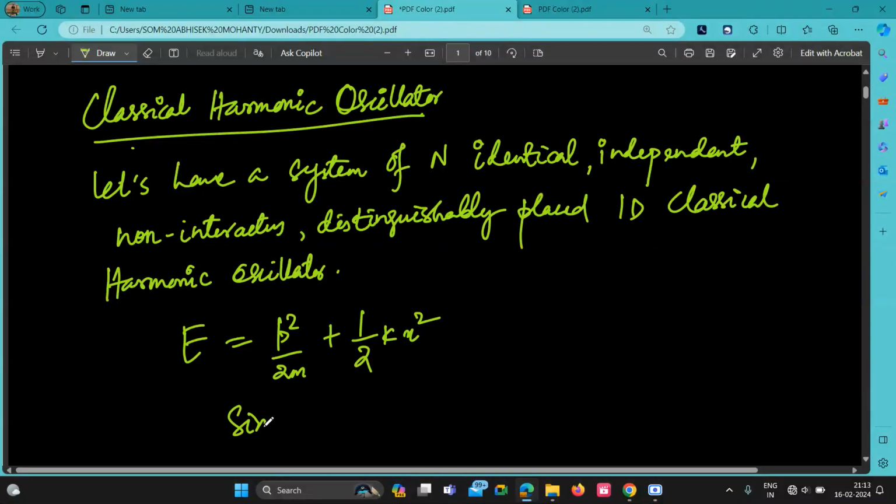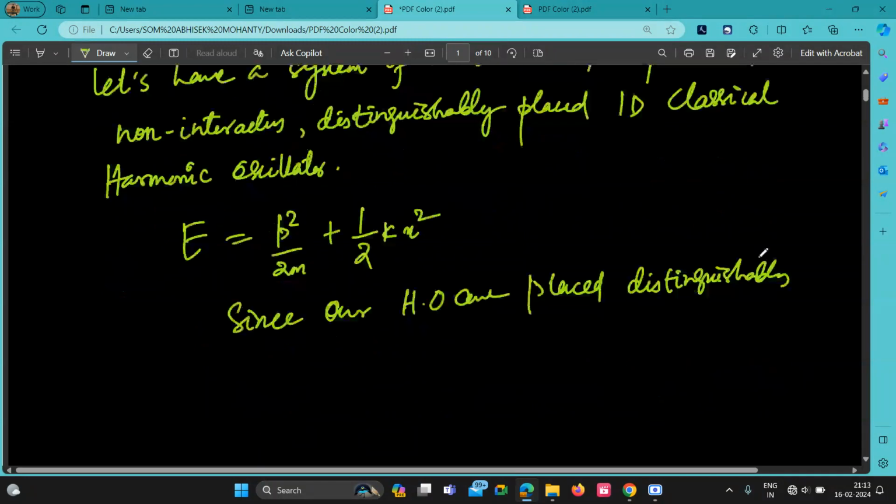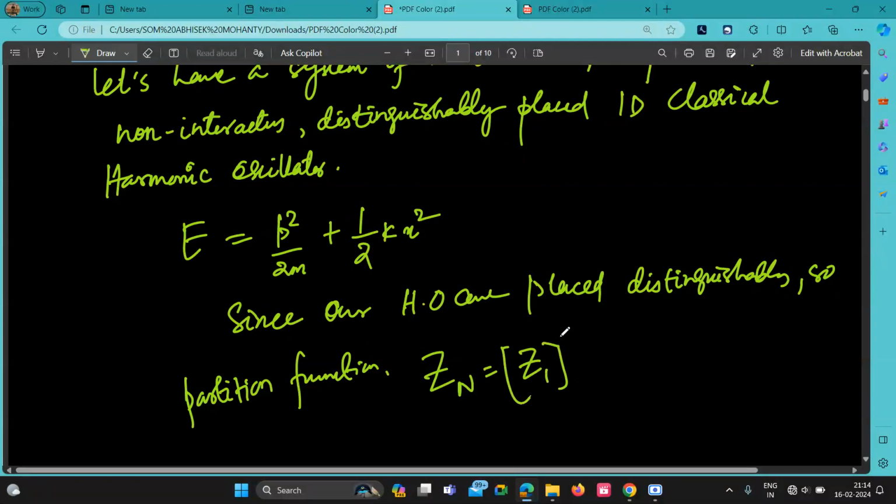Since our harmonic oscillators here are placed distinguishably, the partition function will be Zn equal to Z1 to the power n.